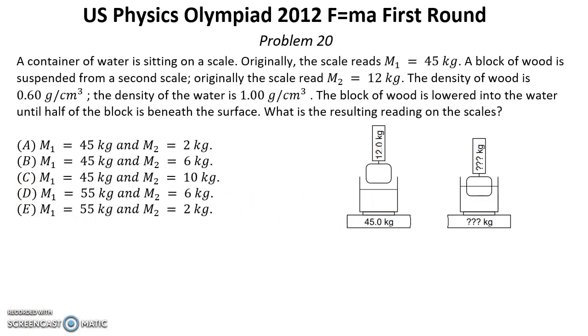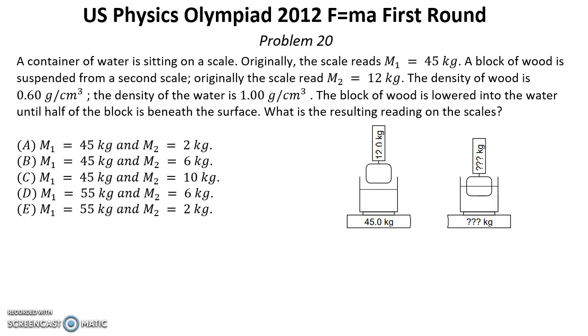US Physics Olympiad, year 2012, F equal MA, first round. Problem 20. The solution for this problem you can find below this video in the description reference. A container of water is sitting on a scale. Originally, the scale reads M1 equal 45 kg. A block of wood is suspended from a second scale.